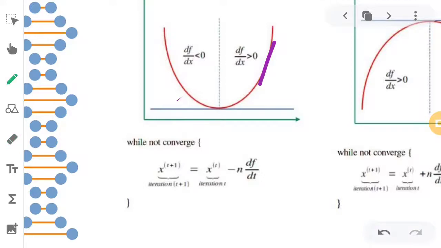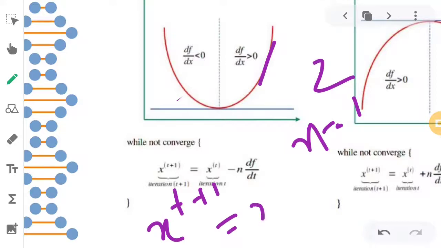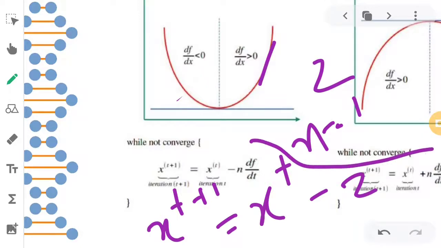Suppose df/dt equals 2 and n equals 1. So x(t+1) equals x(t) minus 2.